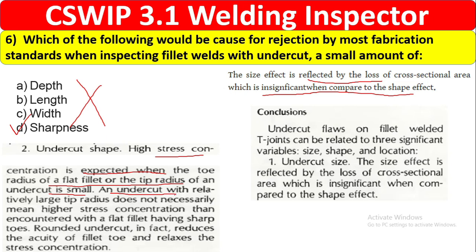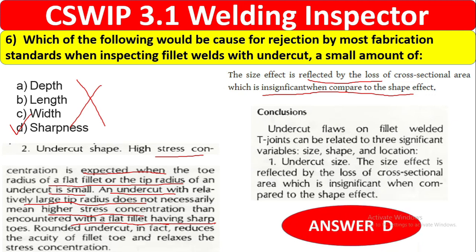An undercut with a relatively large tip radius does not necessarily mean higher stress concentration than that encountered with a flat fillet having sharp toes. So sharp toes definitely have higher stress concentration. So option D is the correct answer.